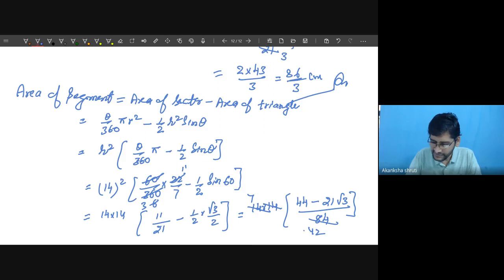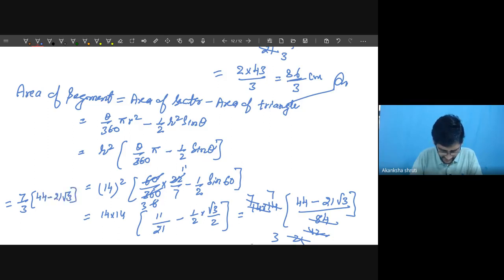Whatever way you wish, you can cancel. Then 21, again 7, the 3, the 7 gets cancelled, so it becomes 7 by 3, and inside the bracket we have 44 minus 21 root of 3. This is in centimeter square.